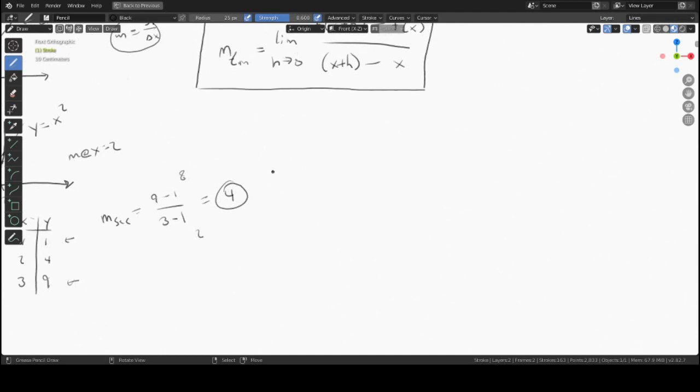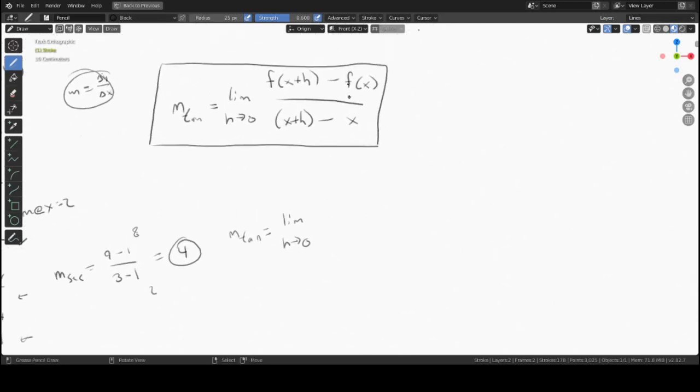So we have m tan equal to the limit as h approaches 0 of f of x plus h, where our function was y equals x squared, and x equals 2, so we have 2 plus h squared, minus 2 squared, divided by, and we can see that the x's cancel here, so it's just divided by h.